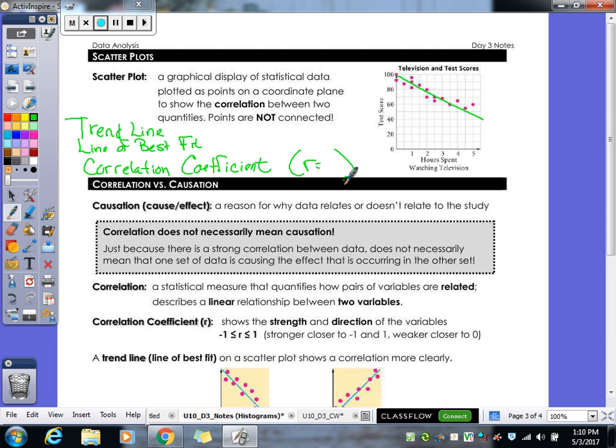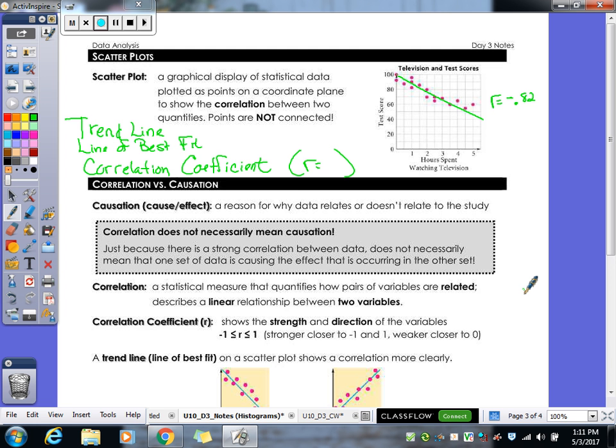Now, your R value or your correlation coefficient, how well those two things are correlated, is by how tight those points are to that line. If they're really close, the closer they are to the line, the closer the correlation coefficient is to 1. I'm going to call this R value negative 0.82.